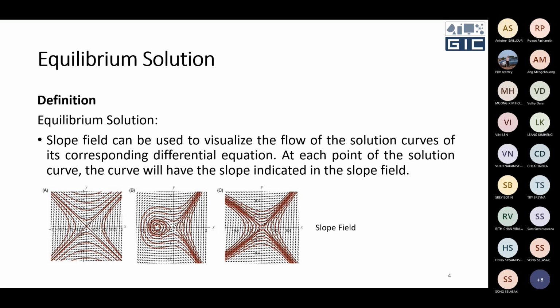When we focus on the slope field, we can distinguish how our system flows, and we are also able to find the critical point. In this case, the critical point is the point that makes the derivative of our system 0.